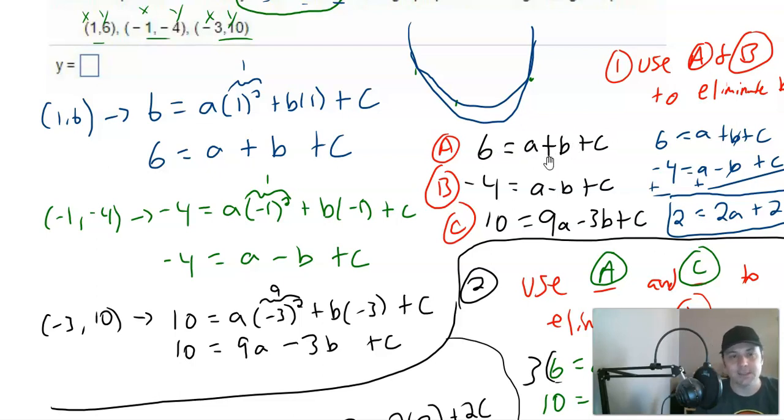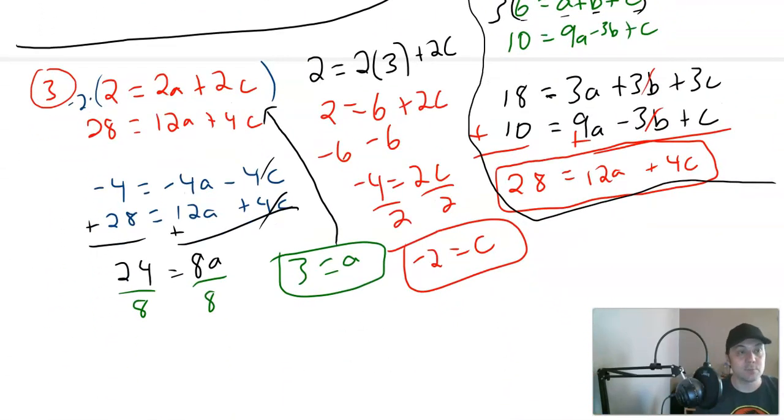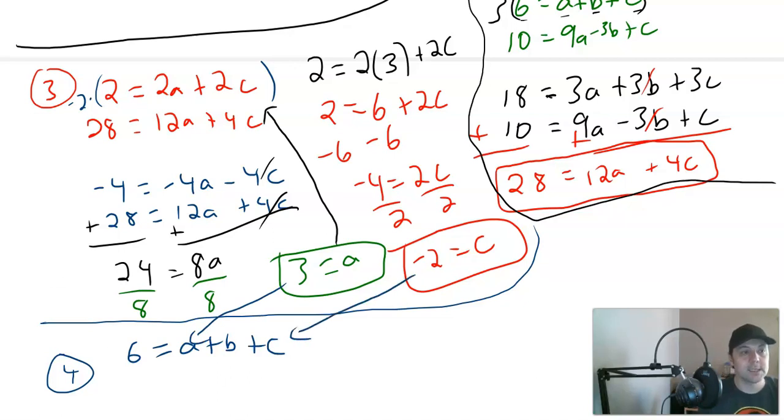They're all positive. It looks simple and straightforward. So I'm going to use this equation, 6 equals a plus b plus c, to find my last result. Right. So that was step 3 right there. So step 4, we'll use this equation. 6 equals a plus b plus c. I'll plug 3 in for a, -2 in for c.